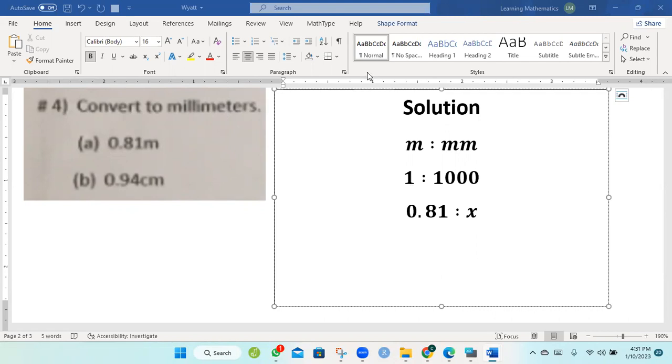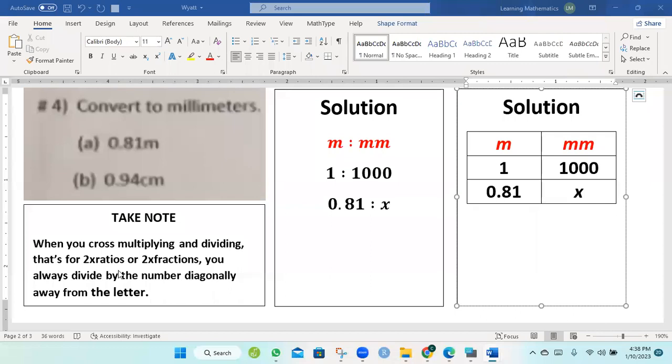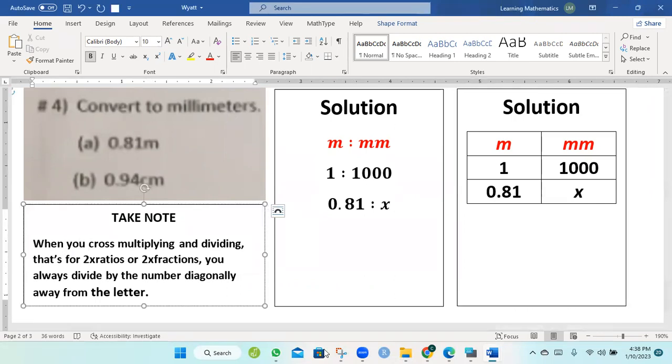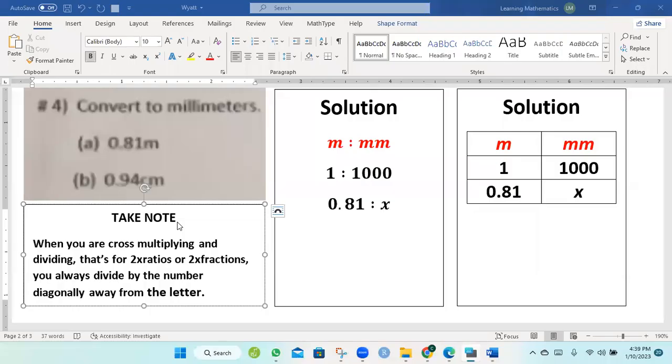Let's take a note of that. So please take note, when you are cross multiplying and dividing, you always divide by the number diagonally away from the letter.